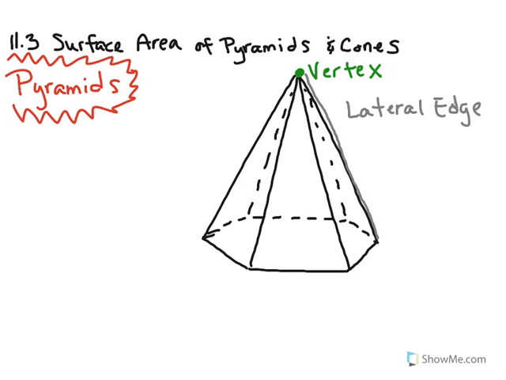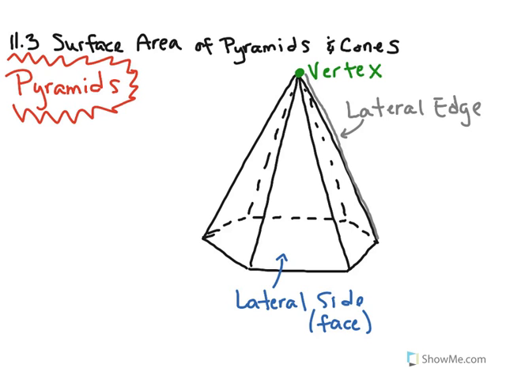So this is a lateral edge, and there are several of them in this particular picture. And a lateral face is going to be an entire face of one of these sides. We can make that be the front face, since that's the easiest one to see. So that could be this face right here. And I'm going to write face down here too, just in case.